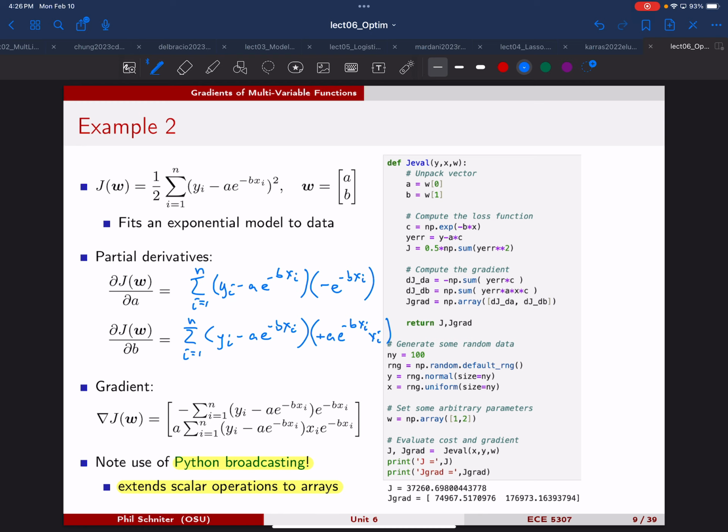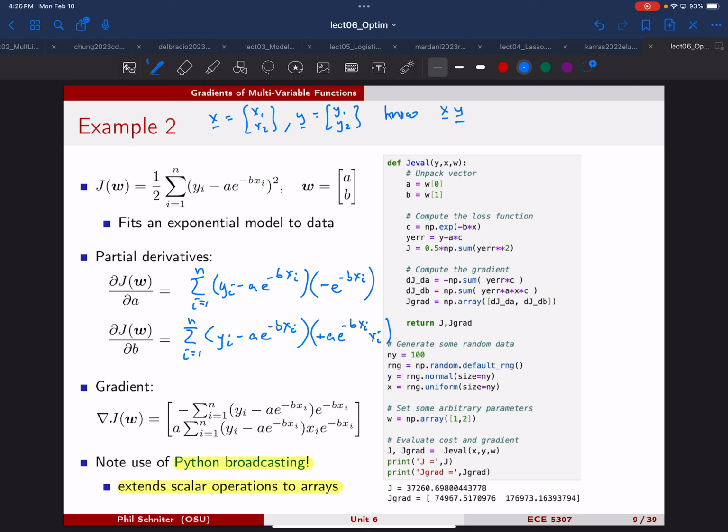If I have x is x1, x2, and y is y1, y2, we know that x times y doesn't exist, right? Because it doesn't satisfy the rules of matrix multiplication or vector multiplication.